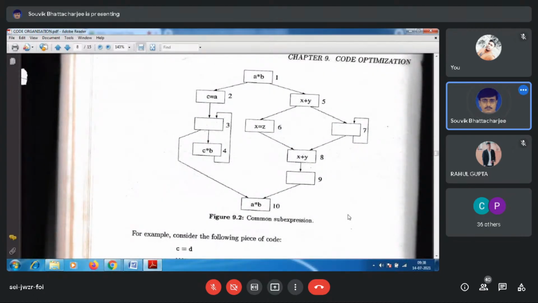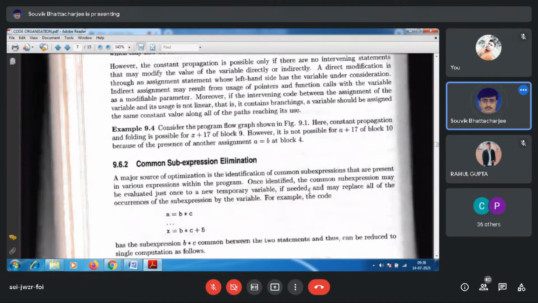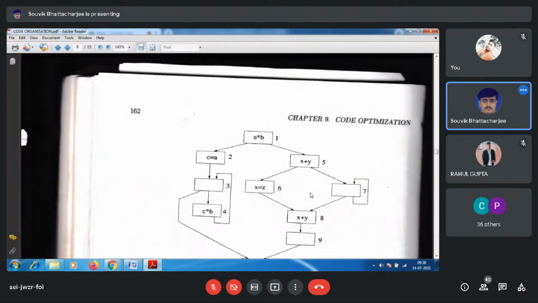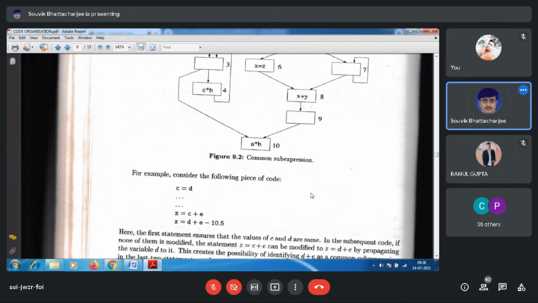See this diagram. No, this is 9.2. Where is 9.1? Oh, this is.